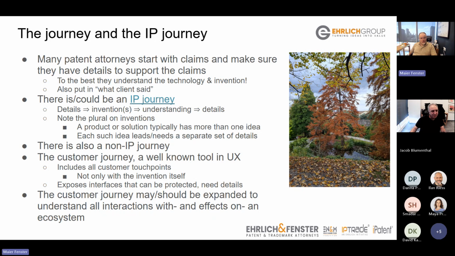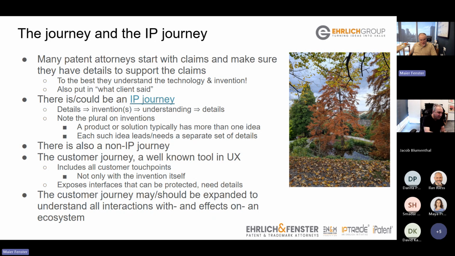There's also the non-IP journey. So user experience and customer experience, like talking about the customer journey. The idea in customer journey is that you describe what the customer is doing from the moment they decide to use your product until, I don't know when. And the idea is to identify all of the customer touch points.